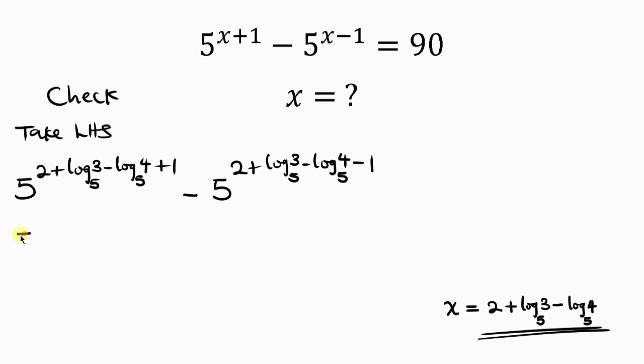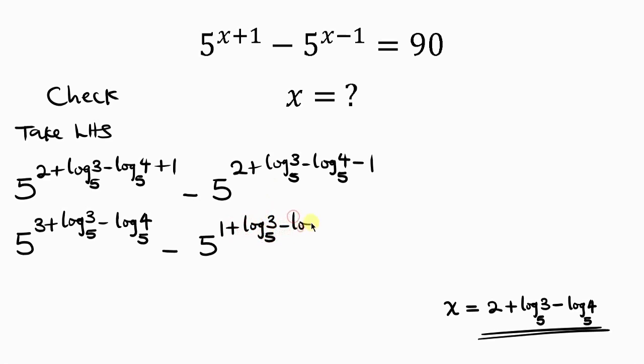So this is 5 to the 3 plus log 3 base 5 minus log 4 base 5 minus, and 2 minus 1 is 1. So this is 5 to the 1 plus log 3 base 5 minus log 4 base 5.